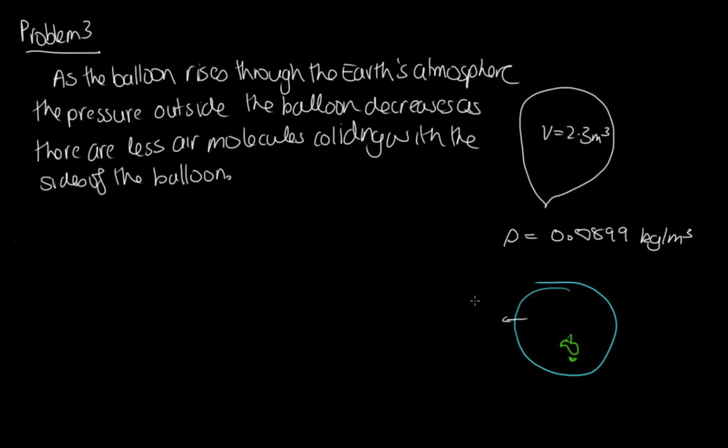So eventually when you get into space, you're virtually in a vacuum. So most of the molecules that make up the Earth's atmosphere are close to the surface of the Earth.